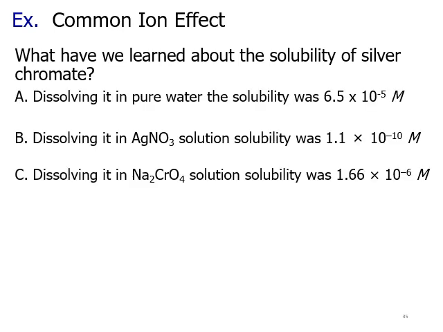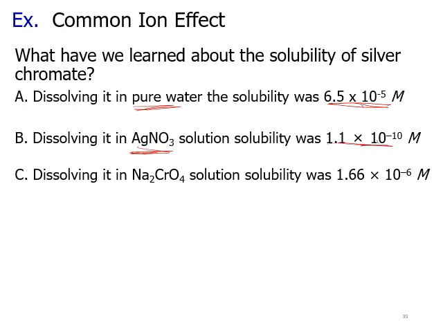Let's try another question right here. So what have we learned based on this? We just saw that when we dissolved silver chromate in pure water, the solubility was this. When we dissolved it in silver nitrate solution, solubility was this, which is lower than the initial solubility, right?